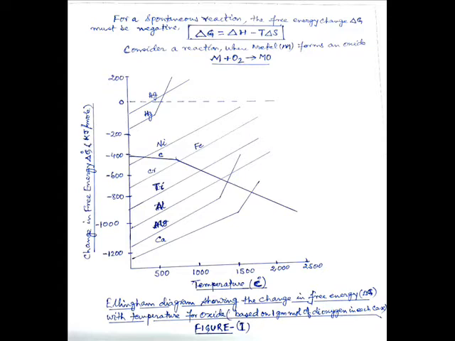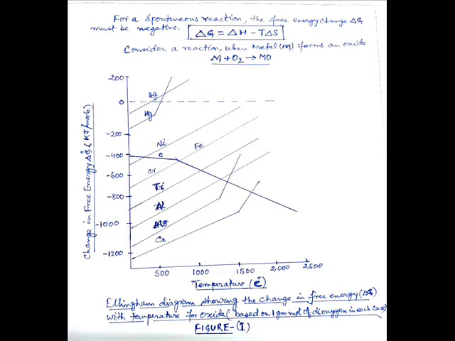All the free energy changes follow a straight line unless the material melts or vaporizes. For example, in the case of magnesium to magnesium oxide, it bends at a certain point. Similarly for calcium, we have seen that. These are the points where these materials melt or vaporize.